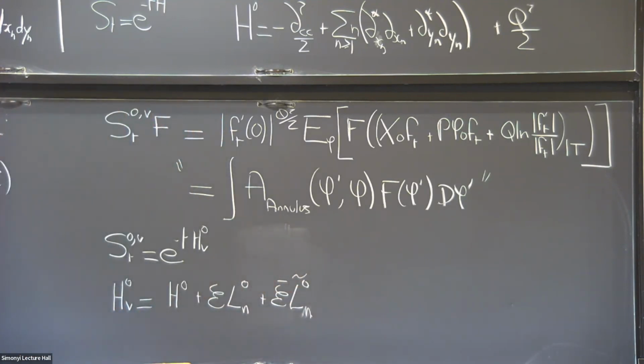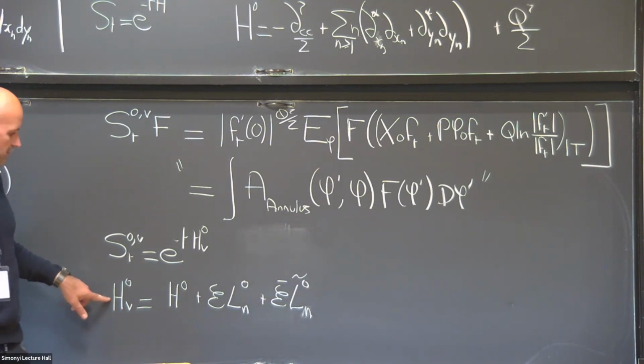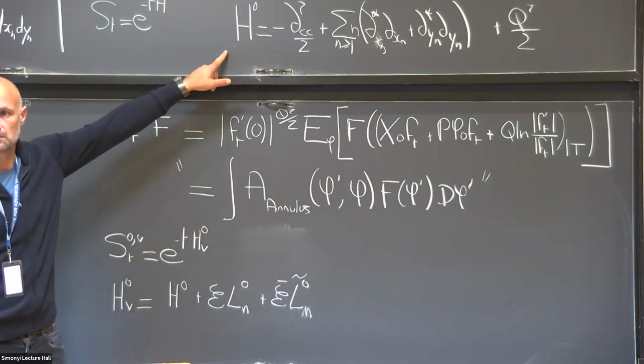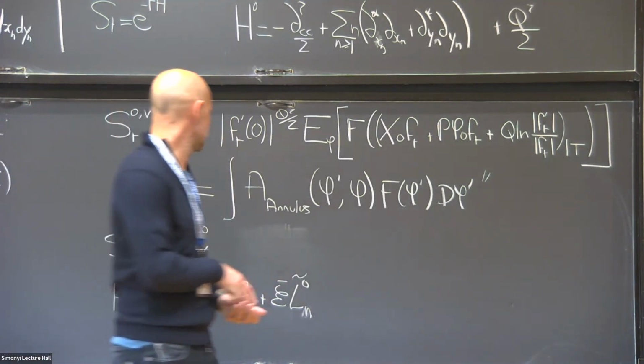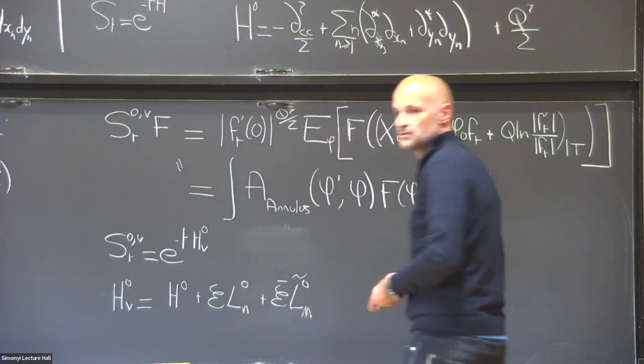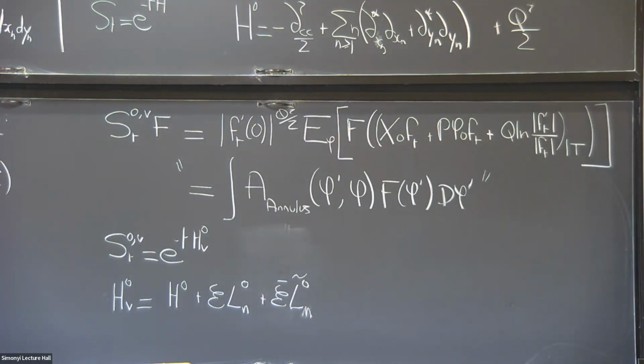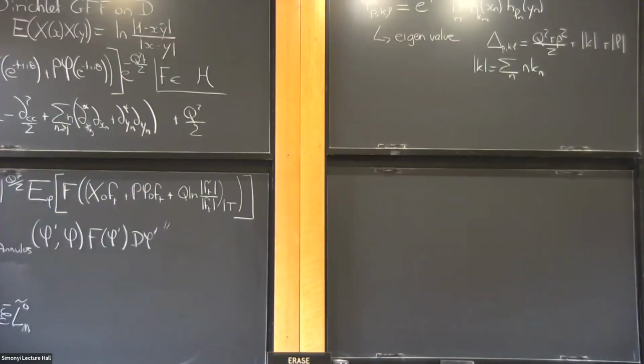You can check that you make some computation, you compute the generator, and the generator is the sum of this guy here, plus two additional terms that are given in terms of operators. And these are the operators I want to describe now a little bit more.